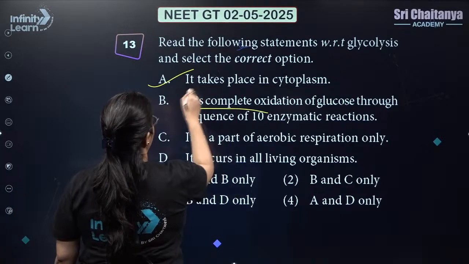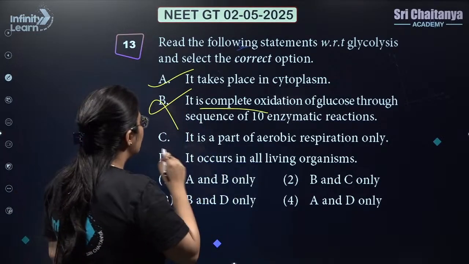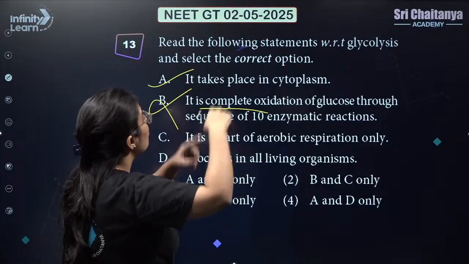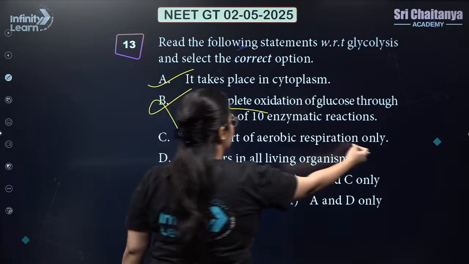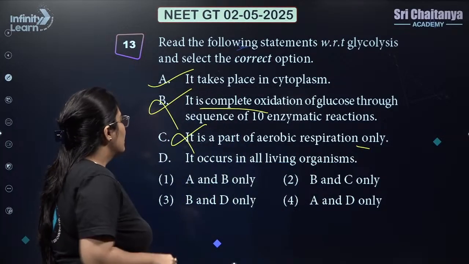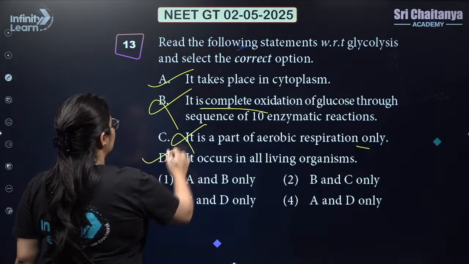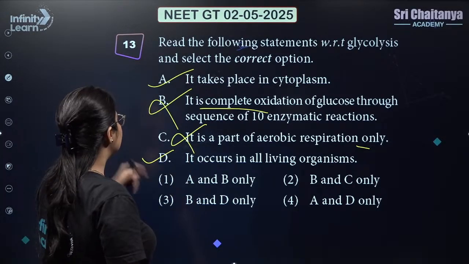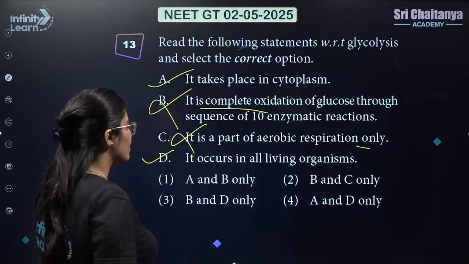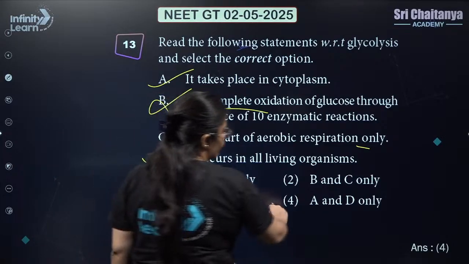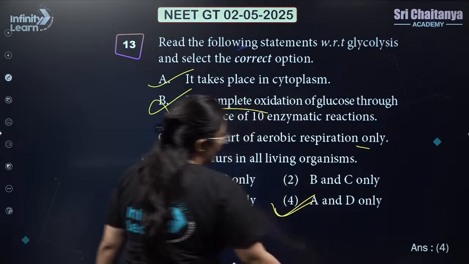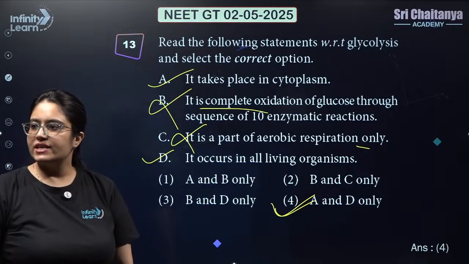No, it is not complete. It is a part of aerobic respiration only? No, because of this word 'only'. It occurs in all living organisms. This is correct. So A is correct and D is correct. So your correct answer is A and D only. Fourth is your right answer. Right, guys, everyone?